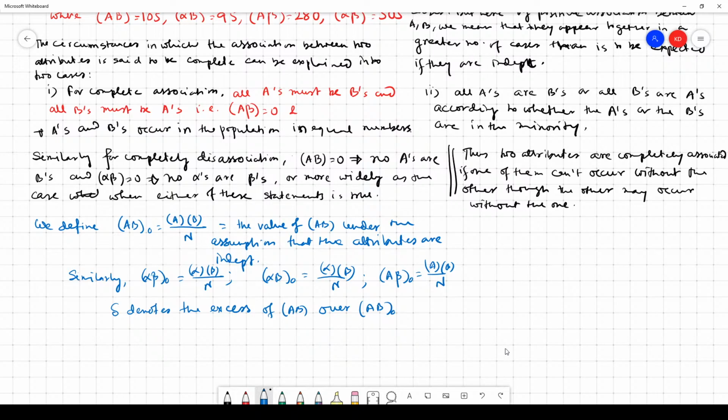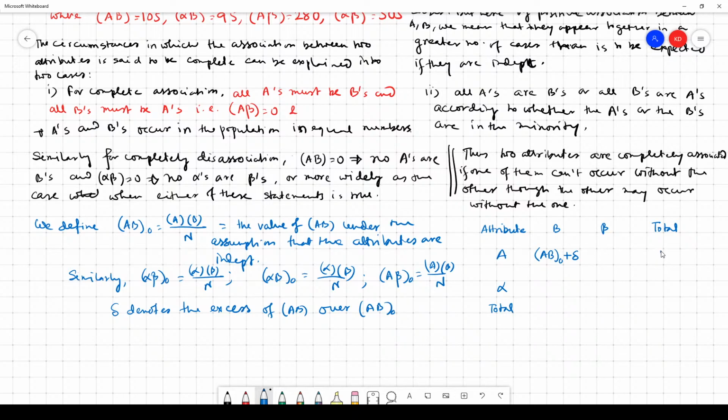So we can write the table as AB equal to AB naught, the excess value, plus delta.